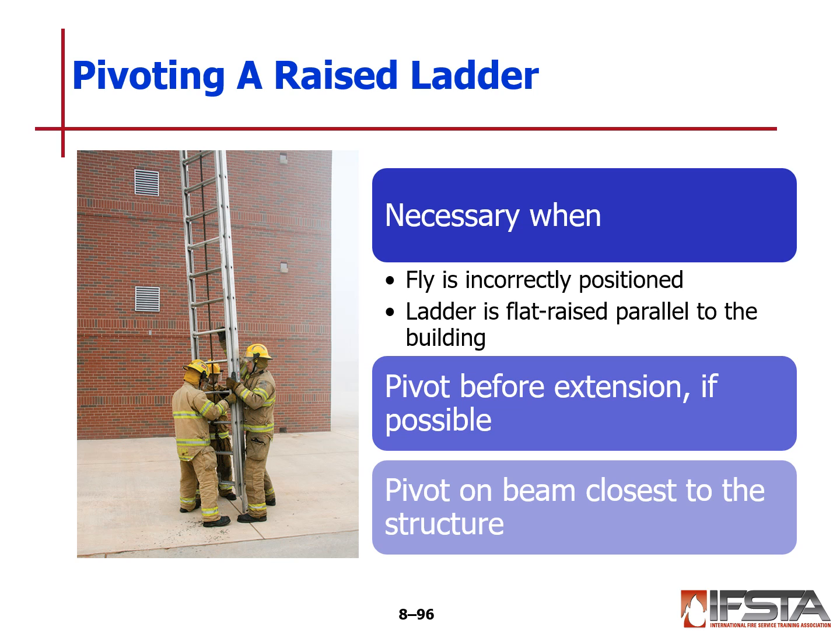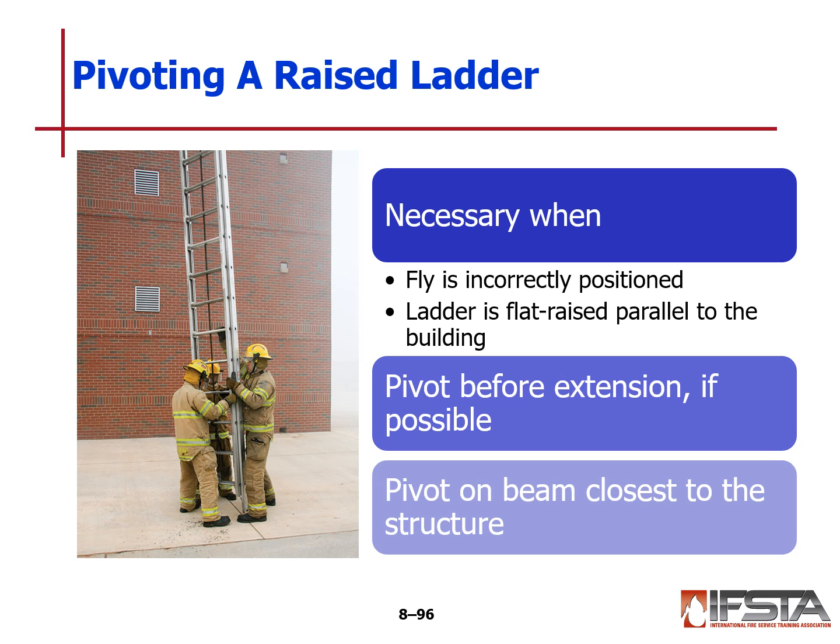If we need to pivot a raised ladder, this may be necessary when the fly is incorrectly positioned and the ladder is flat raised parallel to the building. So we want to pivot before we extend it, if at all possible, because if we extend that ladder now, especially as far away from the building as they are in this picture right here, then you're going to get really top heavy quick.